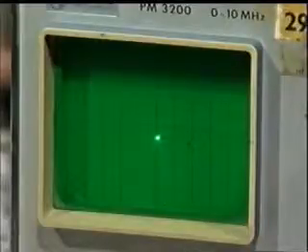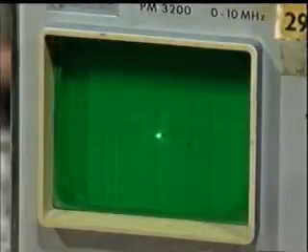Here only a spot is coming. It means this CRO has a problem in the horizontal stage. It looks like the height of the sawtooth has reduced to 0, or the sawtooth is not reaching the horizontal output stage.